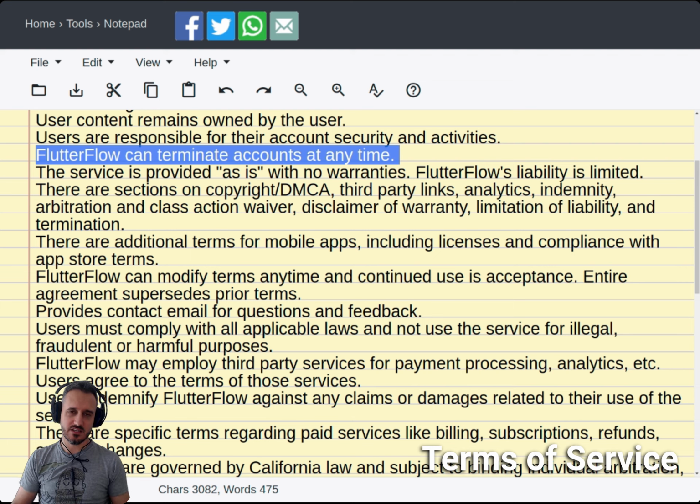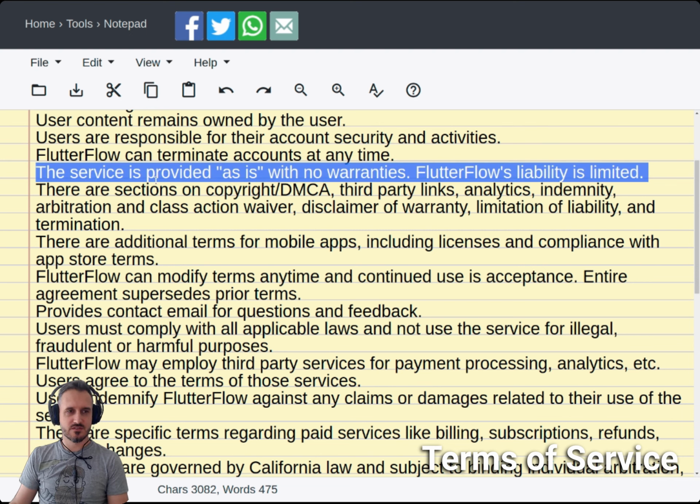If Flow finds that your account is somehow related to fraud or some other illegal activities, or in general, if they think that your account is, for example, not positive for the Flow brand in general, they can terminate your account at any time. So, like I said, I think this is normal. It should not scare you. It is normal to be written in the terms and conditions.